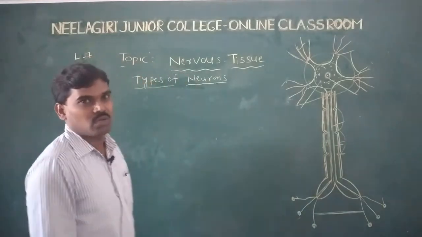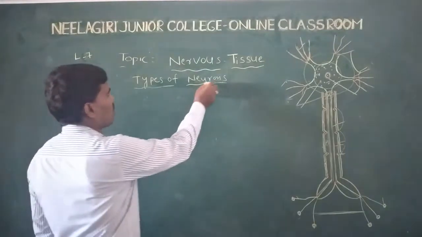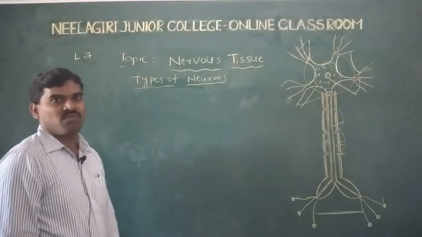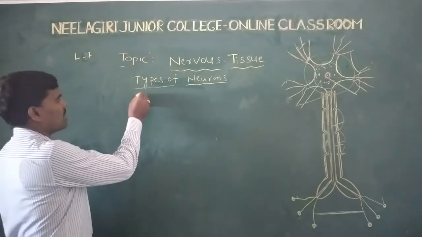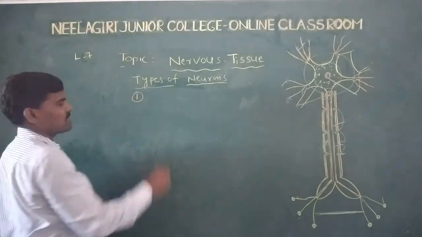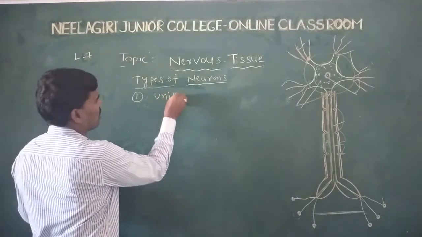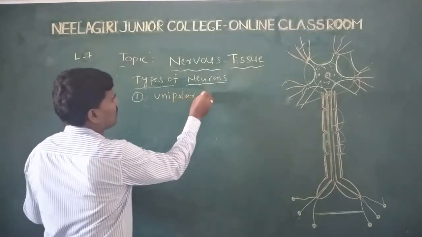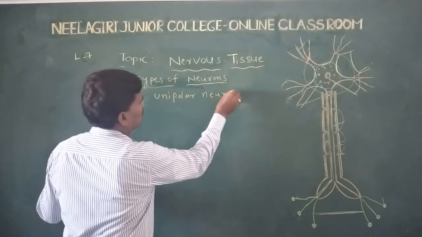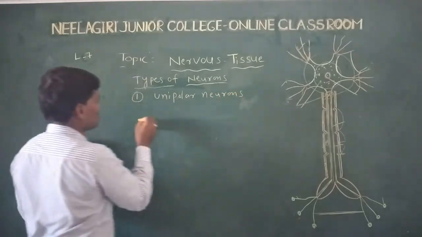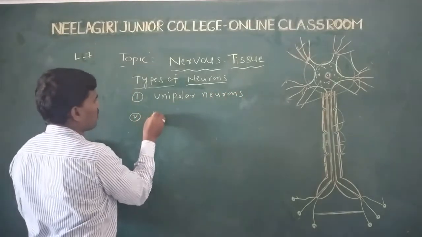Now we are going to discuss the types of neurons. How many types of neurons? Three types. First one is unipolar neuron. Second one is bipolar neurons.